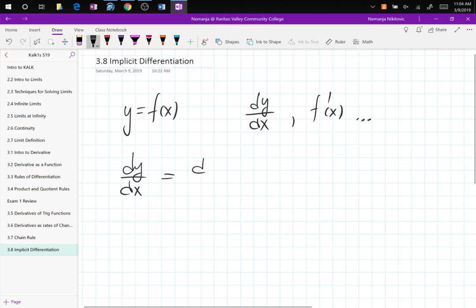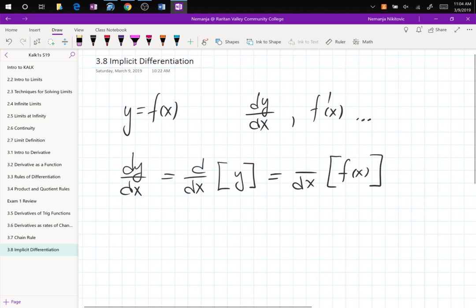What this means is you are taking the derivative with respect to x of your function y. Now we know that y is f of x, so this is the notation that is the best. This part over here is called the operator, and it's like instructions.